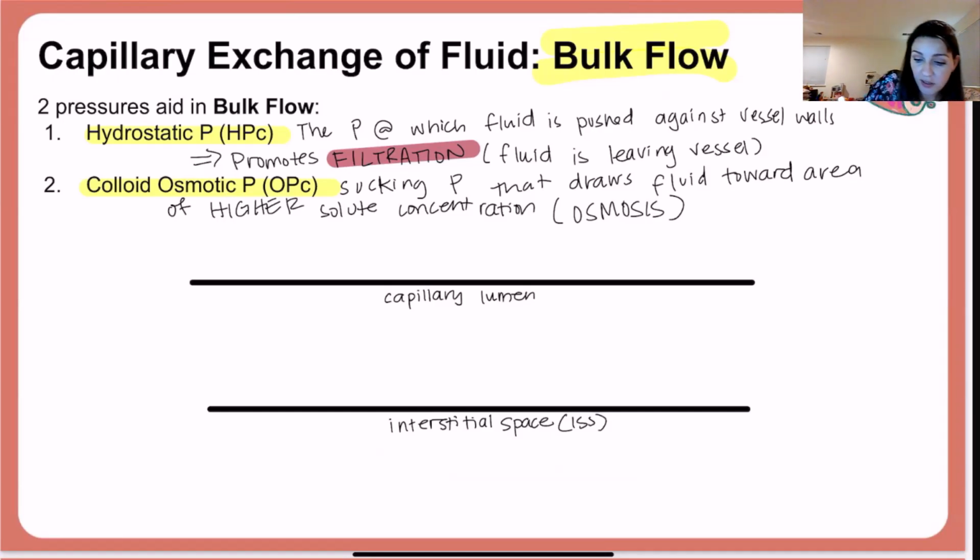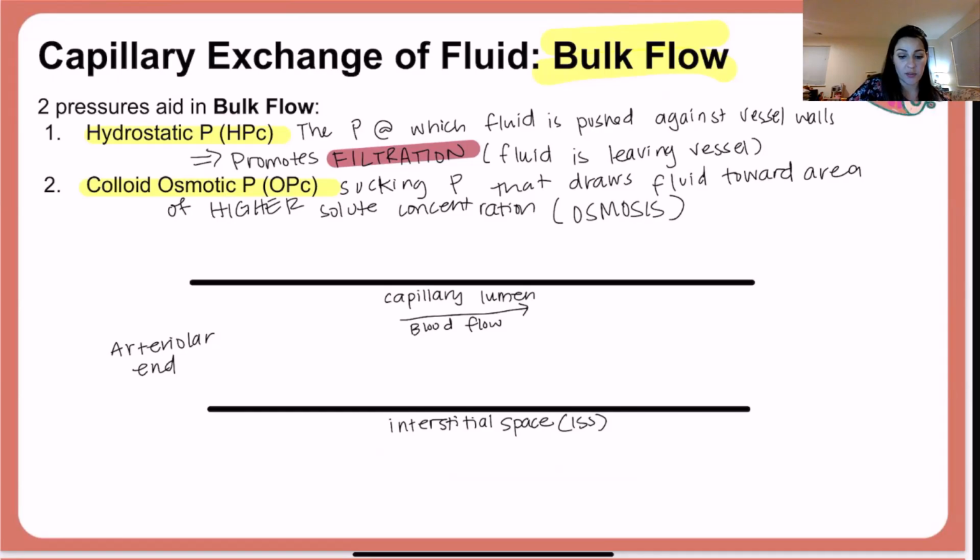And if blood flow goes this way, if blood flow is going to the right, then we could say that this is the arteriolar end. Because remember, we go from our arteries to arterioles to capillaries and then to venules and veins.